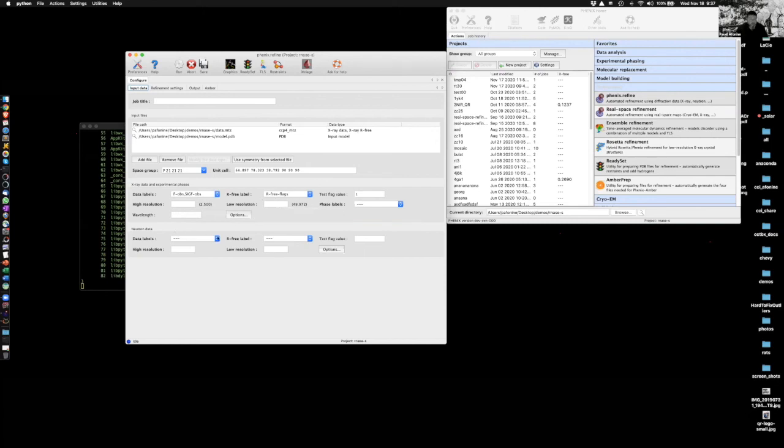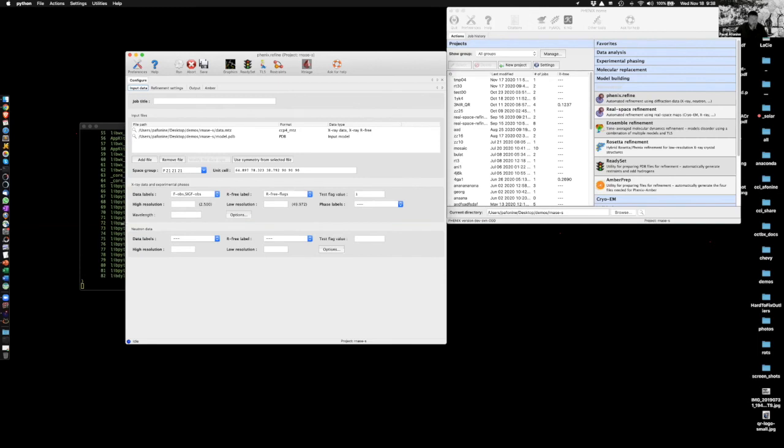There's more here. If you have experimental phase information, that is usually formulated as Hendrickson-Lattman coefficients. So this would be here. We don't have it in this particular example. But that's pretty much it here.